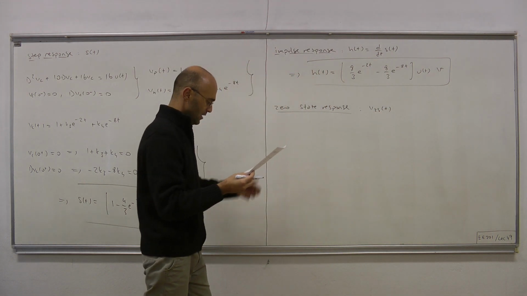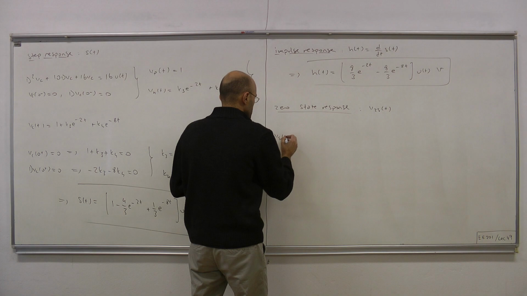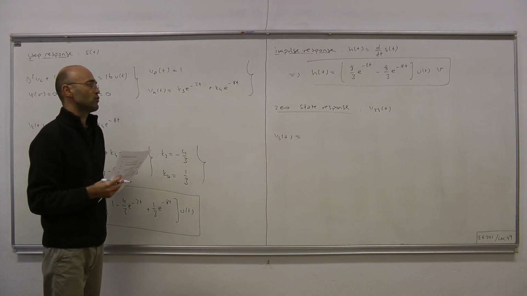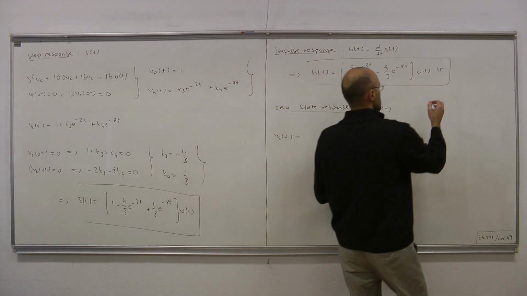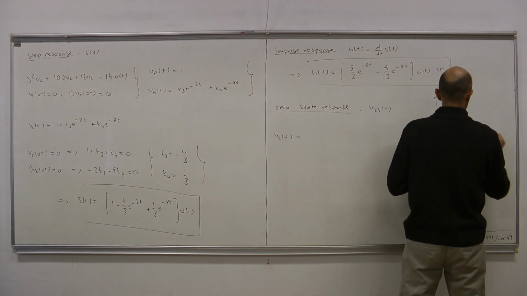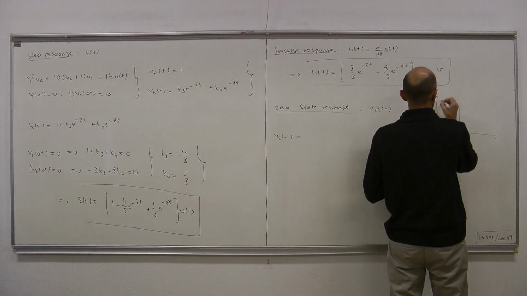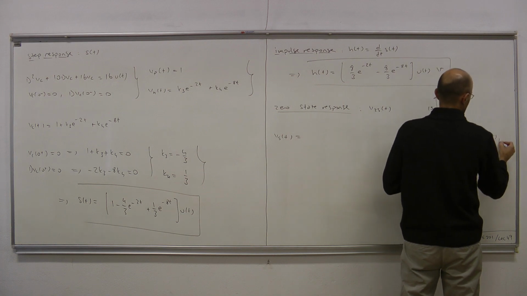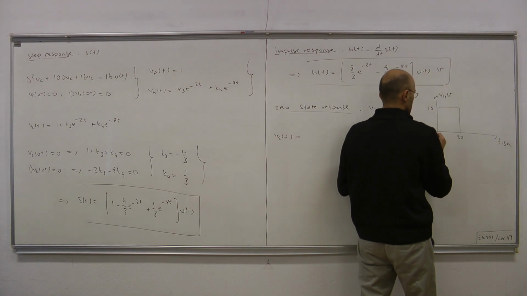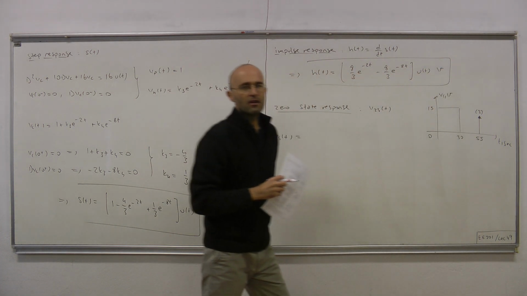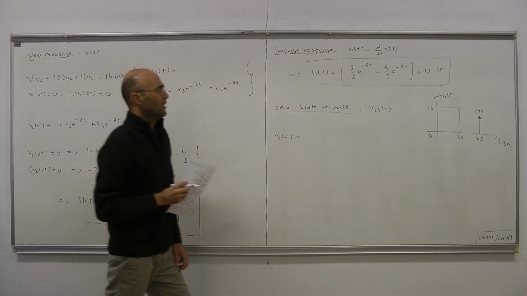So first, let's write Vs of t in terms of S of t and H of t. This was Vs of t. This is 15 volts, and then somewhere here we have an impulse at t equals 5 seconds.